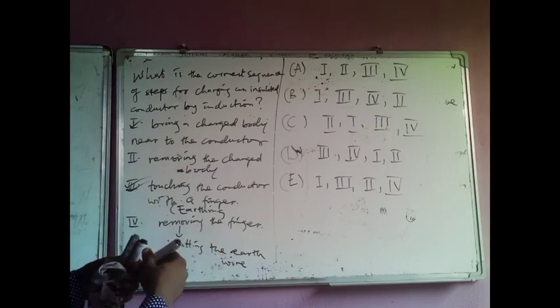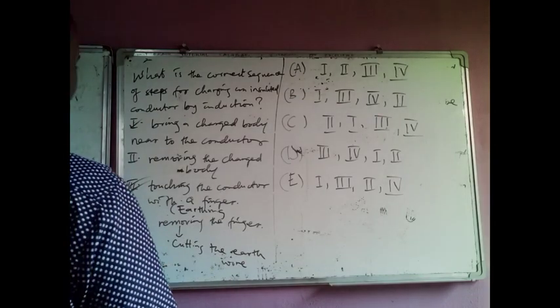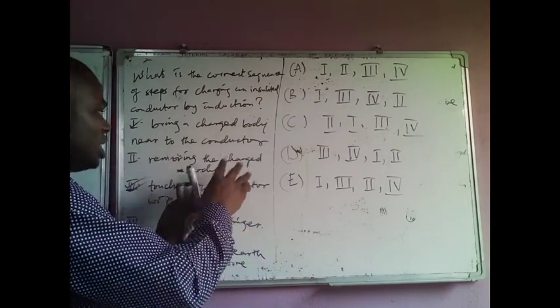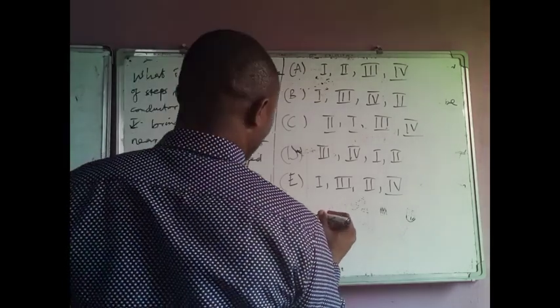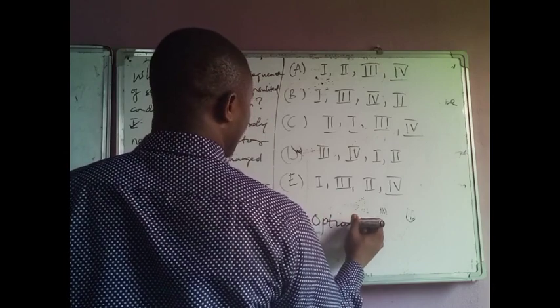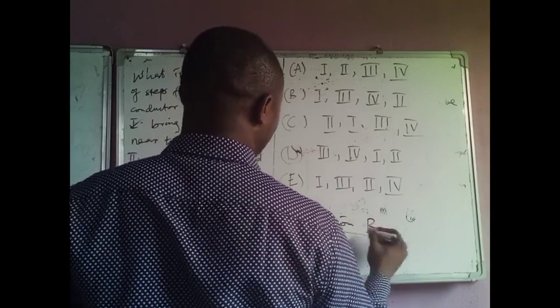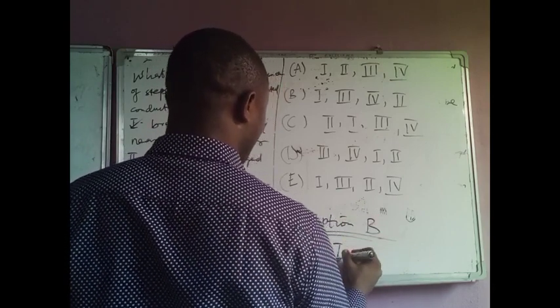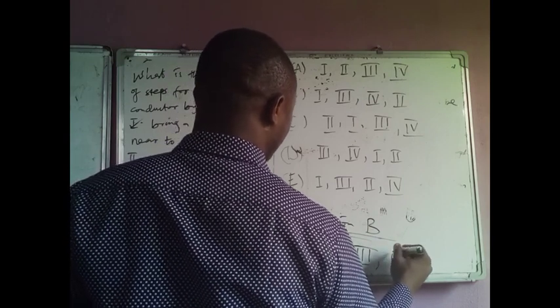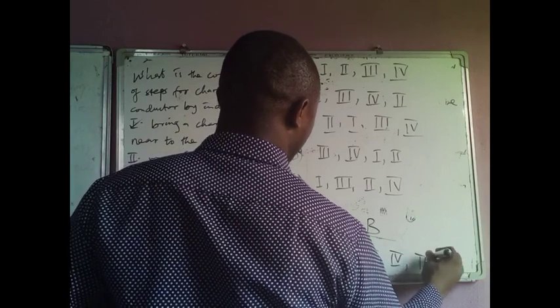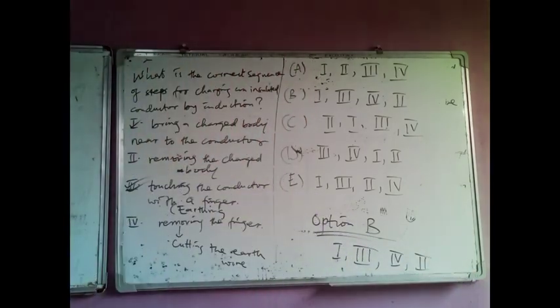And when you cut it, the last step is to remove the charged body because you are not charging anymore. So the answer is going to be what? Option B is correct, which says I, then III, IV, and lastly II. So these are the correct steps.